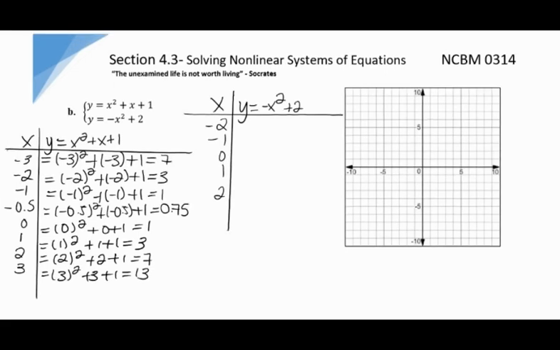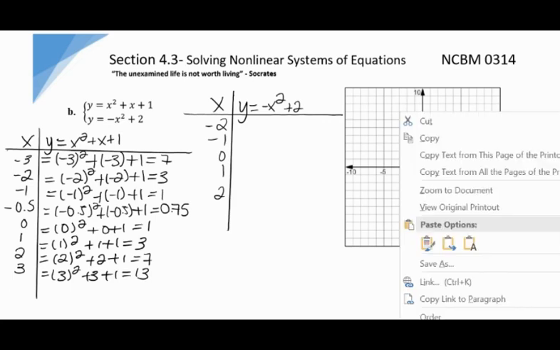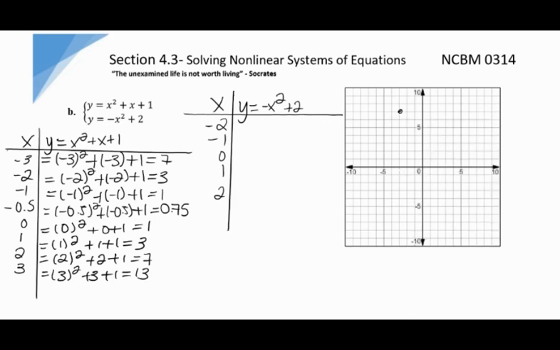Let's go ahead and graph our first equation. So we have -3 comma 7. So 1, 2, 3, right here. And then we have -2 comma 3. So 1, 2, 3. -1 comma 1. And then we have -0.5 comma 0.75, so somewhere here.